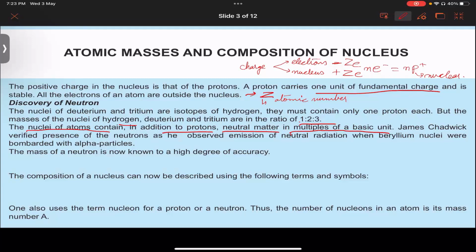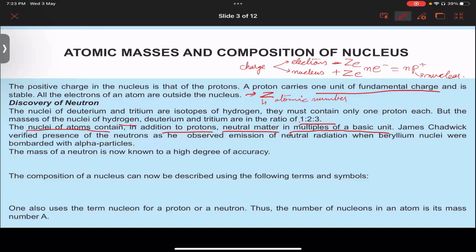By applying the principles of conservation of energy and momentum, it could be inferred that if the neutral radiation consisted of photons, the energy of the photons would have to be much higher than the available energy from the bombarded alpha particles.